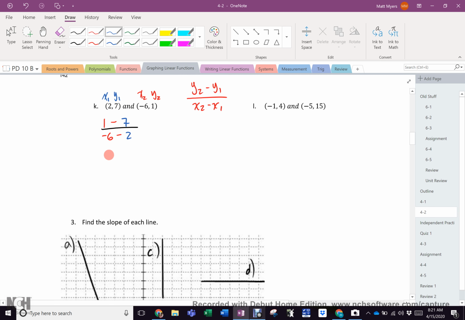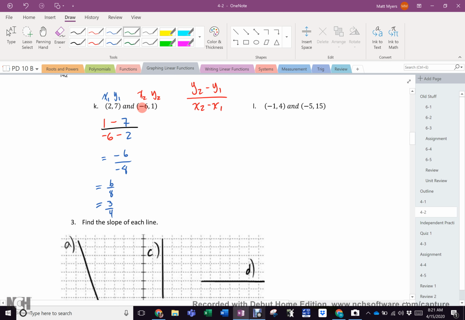Or 1 minus 7, negative 6, negative 6 minus 2, negative 8. 2 negatives make a positive, 6 over 8. Simplify that, 3/4.